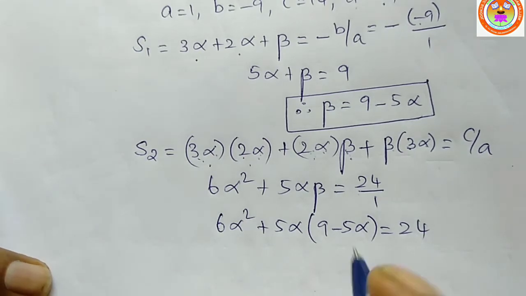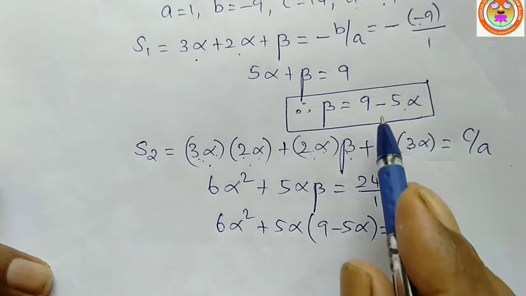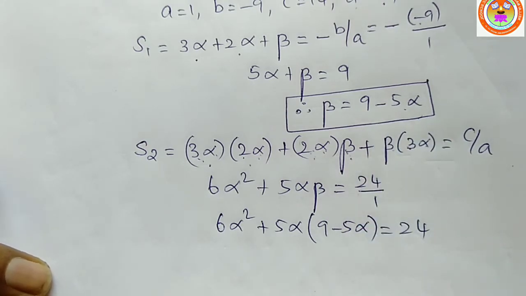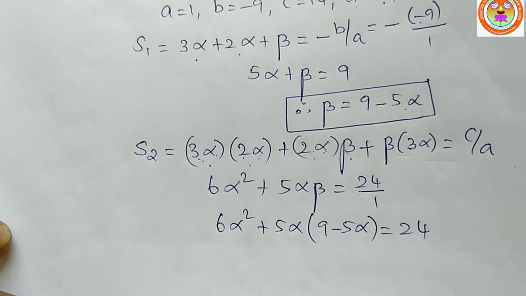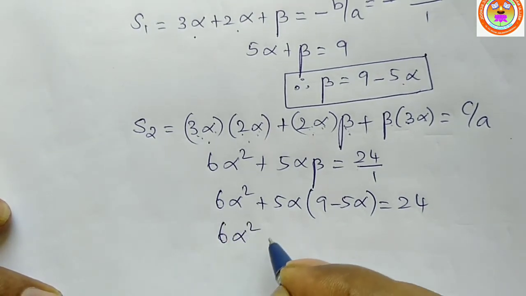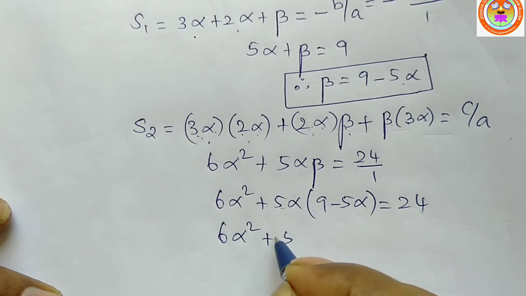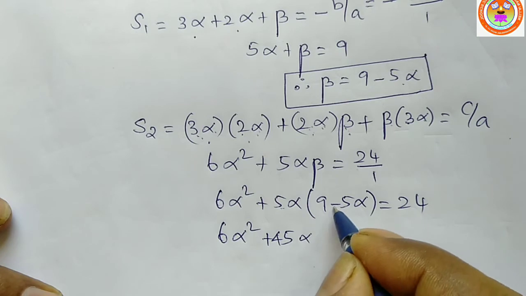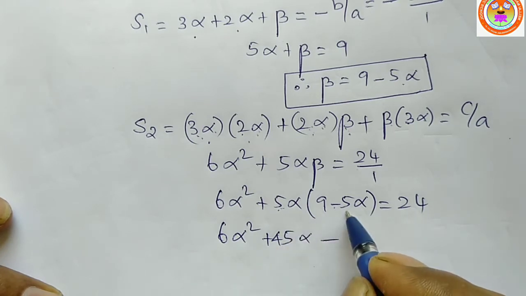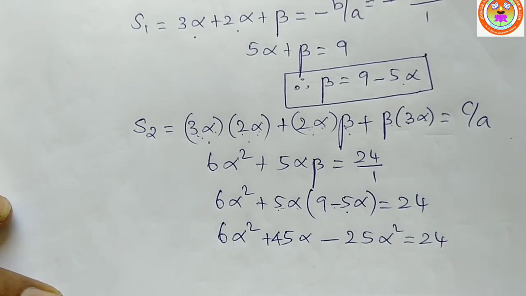We applied the value of beta, that is beta is 9 minus 5 alpha. We applied the same here. When we are expanding this, we will get 6 alpha square, 9 times 5, 45, so 45 alpha, minus 5 5s are 25, 25 alpha square, which is equal to 24.